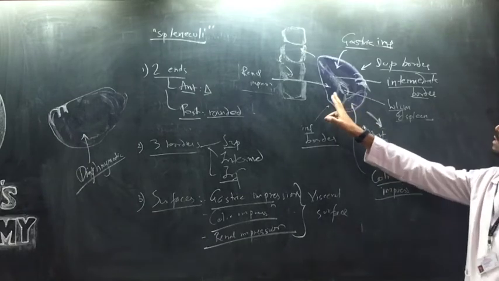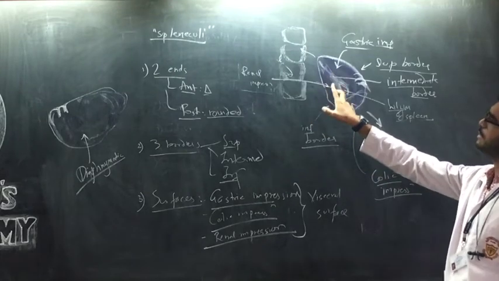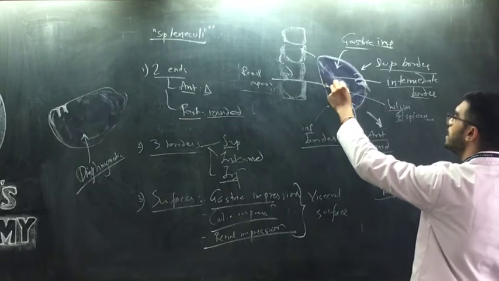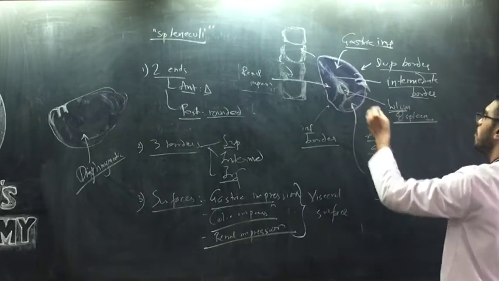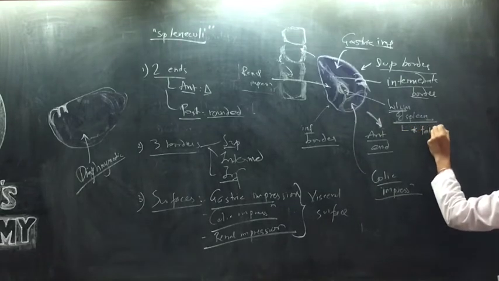And the renal impression, which lies between the inferior border and the intermediate border. Now this intermediate border, when you see it opening up, this little area is known as the hilum of the spleen, and very important to note that it is related to the tail of the pancreas. Okay?